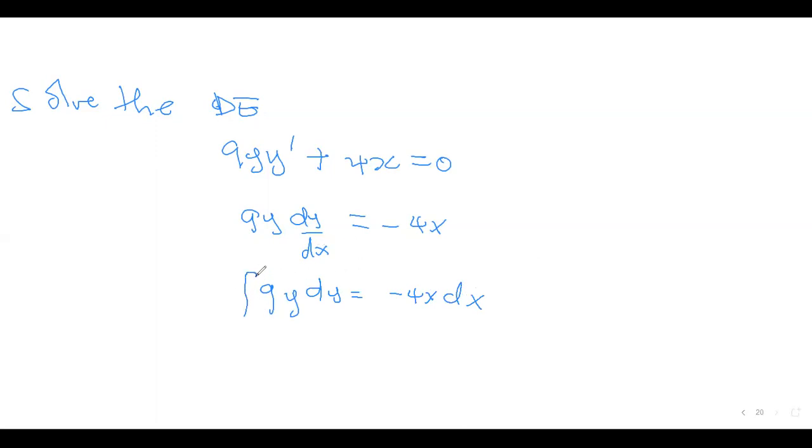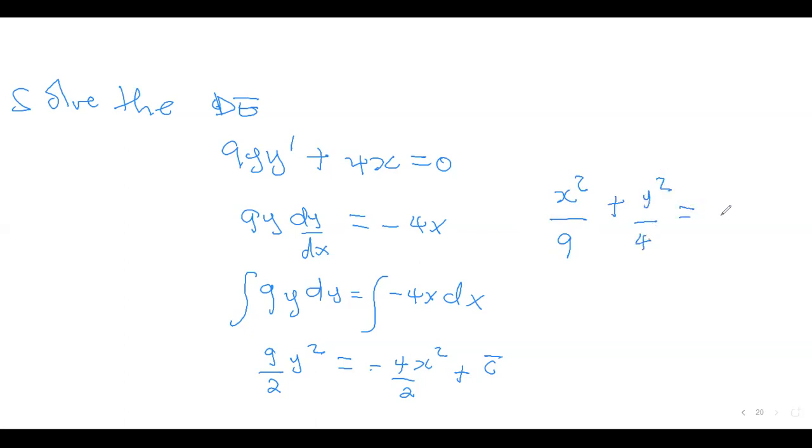When you integrate both sides, you get 9 over 2 y squared equal to negative 4x squared over 2, plus a constant c bar. If we rearrange this solution, you will agree that x squared over 9 plus y squared over 4 is going to be equal to c.